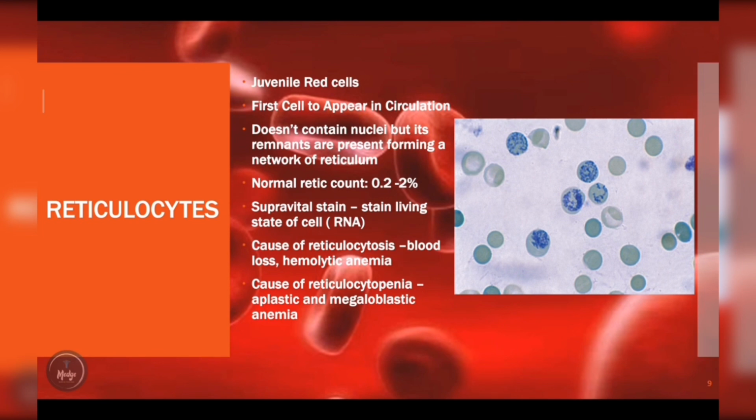Reticulocytes are stained by supravital stain, which consists of brilliant cresyl blue and new methylene blue, which stains the living state of the cell, that is the RNA. The cause of reticulocytosis, that is an increase in reticulocyte count, is seen in blood loss or hemolytic anemia. And reticulocytopenia, that is a decrease in reticulocyte count, is seen in aplastic anemia and megaloblastic anemia.